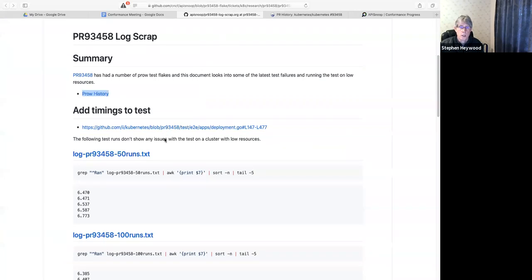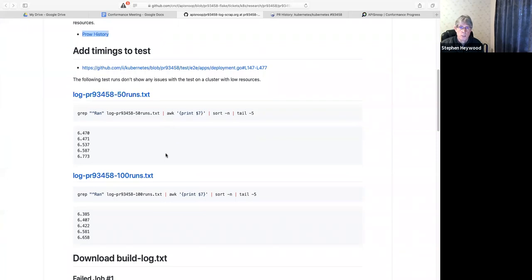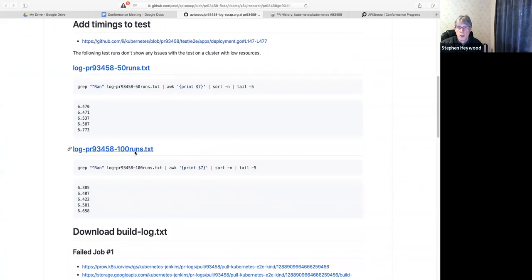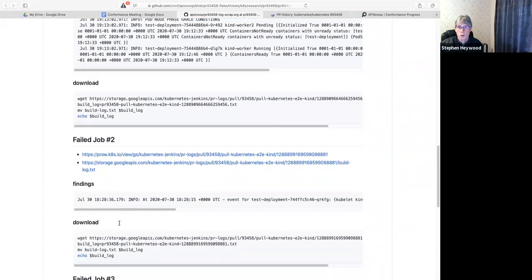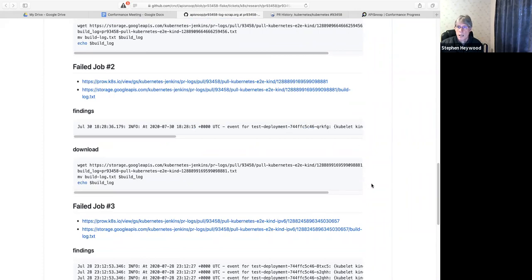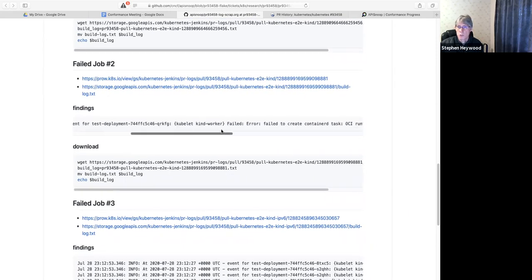When I did 50 consecutive test runs, the slowest time for the whole test was just under 6.8 seconds, and then with 100 runs I wasn't seeing any outliers. But when I looked further down through the appropriate logs, it looked like the pause container was having issues starting, and that was causing a timeout, but there was just no way I could replicate the actual flake.